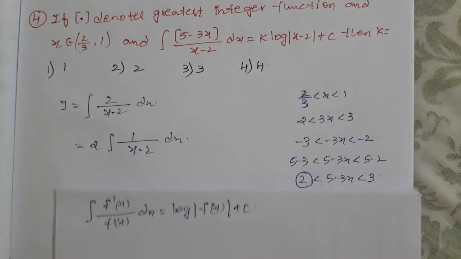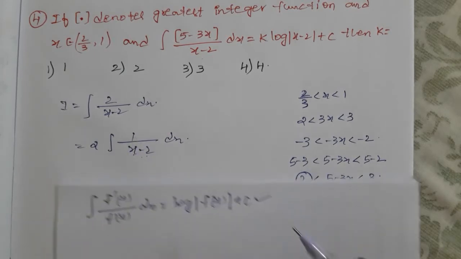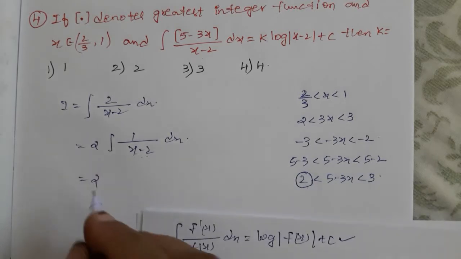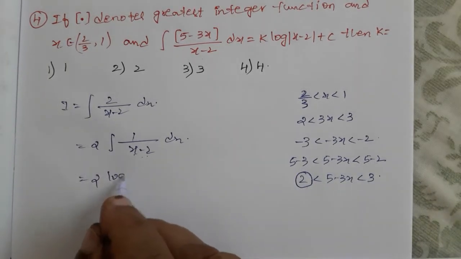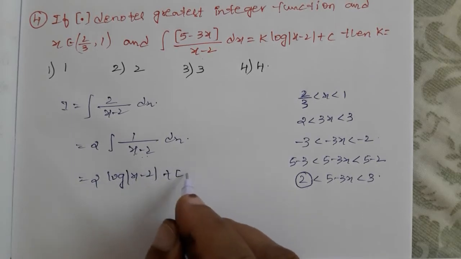Here, for the denominator the derivative is the numerator, that's why we are going to use this formula. So that is equal to 2 times the logarithm of modulus of x minus 2 plus c.